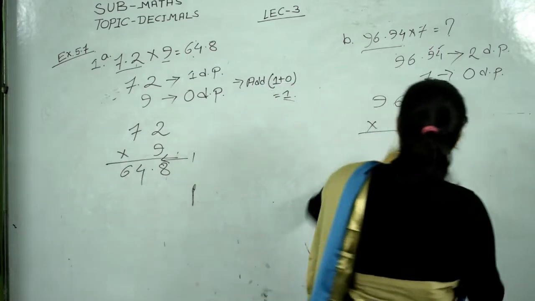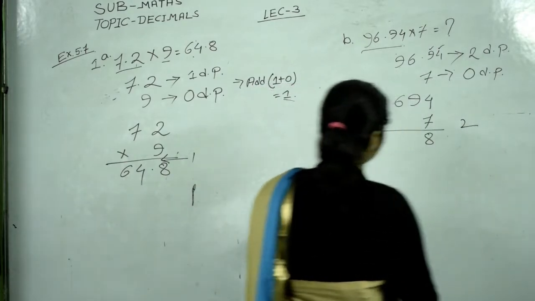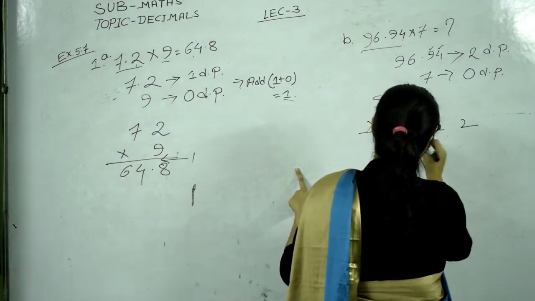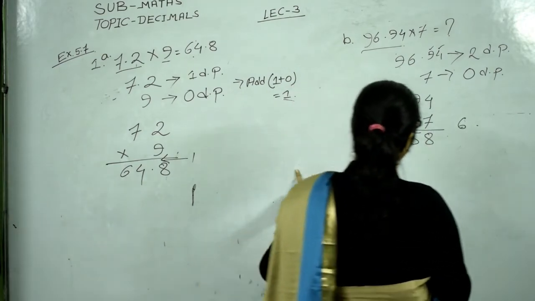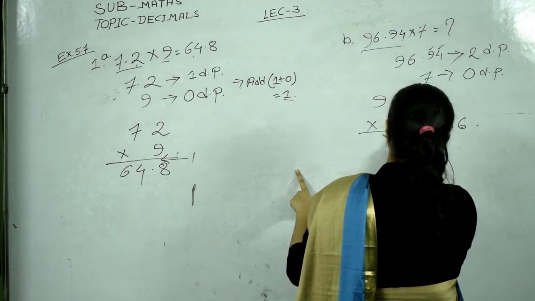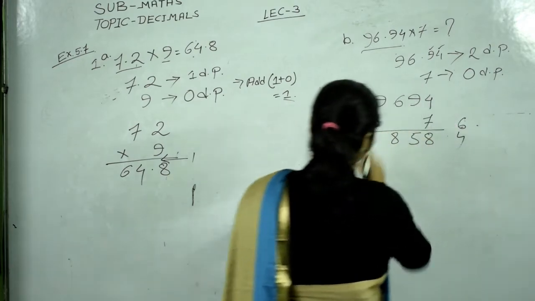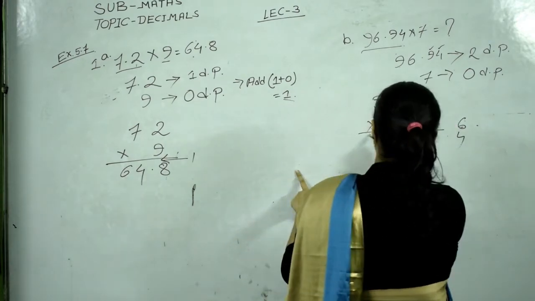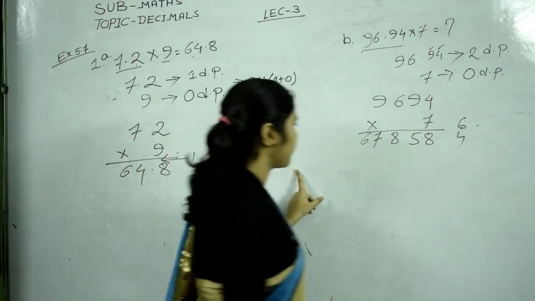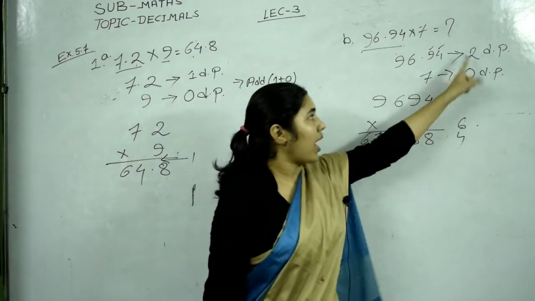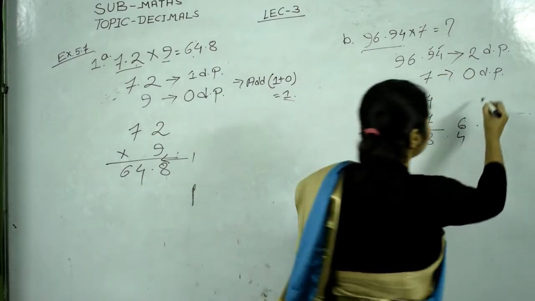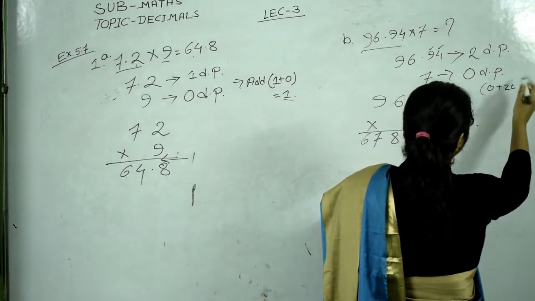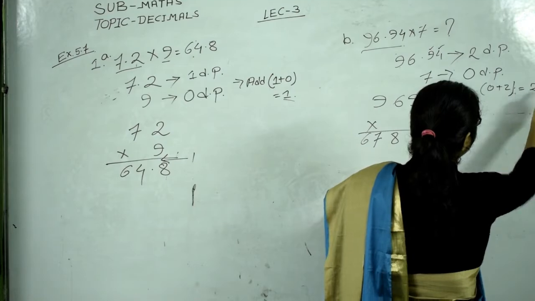So 7 fours are 28, and so on, giving 67858. Now add the number of decimal places. So 2 plus 0 is equal to 2.